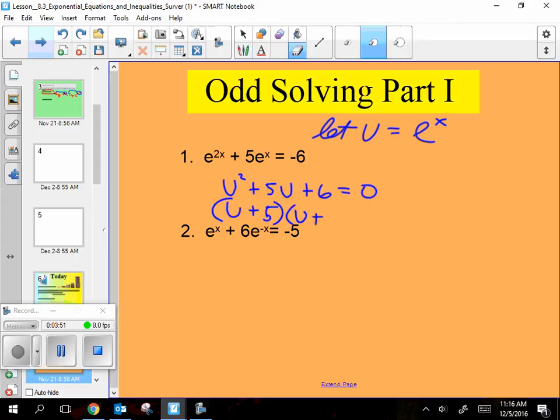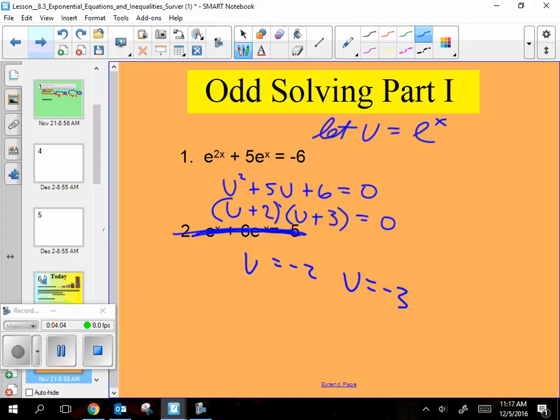Oh, it's 2 and 3. And now my answers are, just ignoring this for a moment, u equals negative 2 and u equals negative 3. There, solved it. But it's sort of sidestepping the original question.